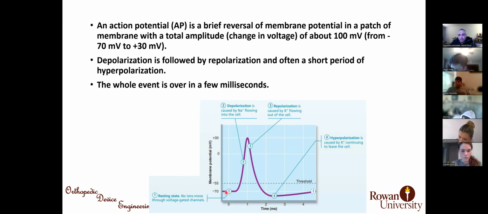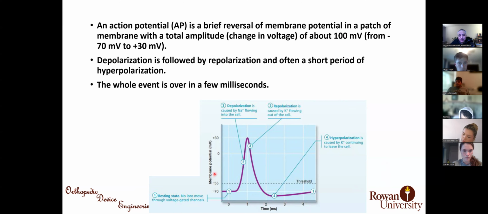The potential will become more negative, maybe minus 75, and then gradually returns to minus 70. And now the membrane is ready for another impulse, another action potential.